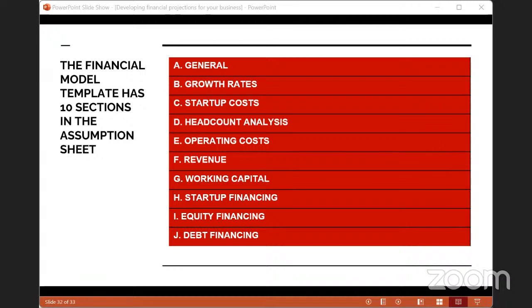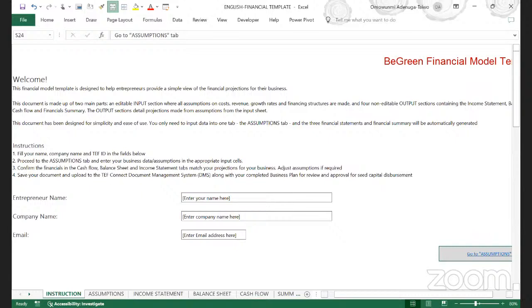So you would notice that this workbook has a total of 7 sheets. There's an instructions tab where all you need to do here is just to enter your name, your company name, your email address, and then click this button so you go to the assumptions tab.